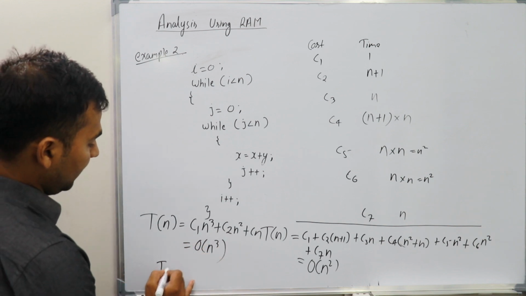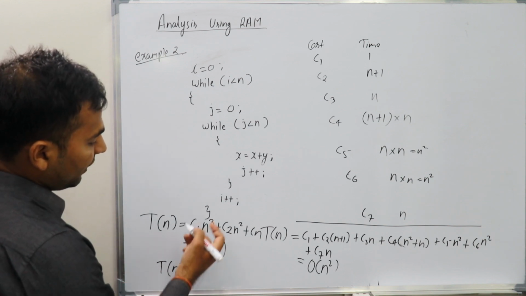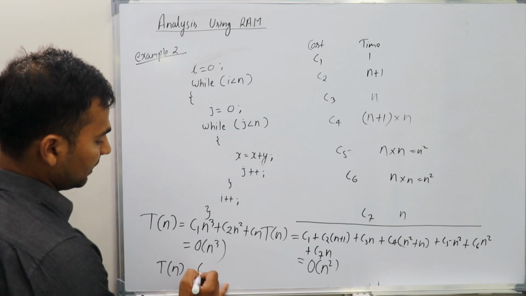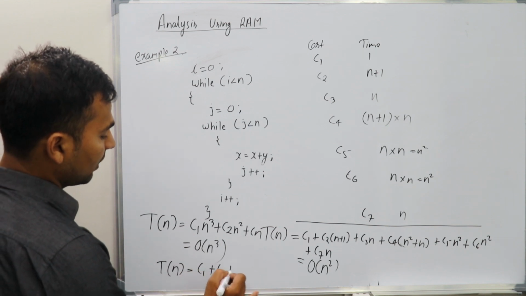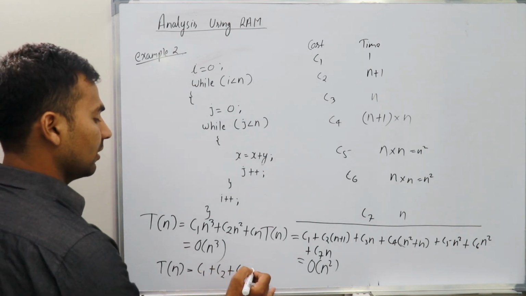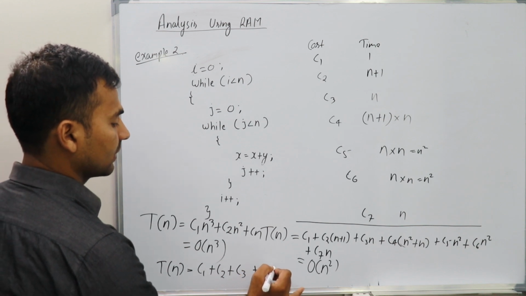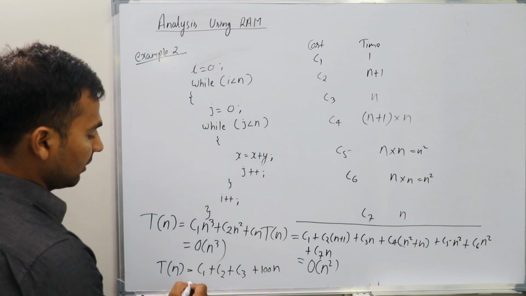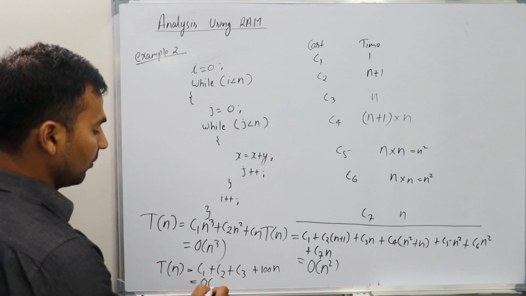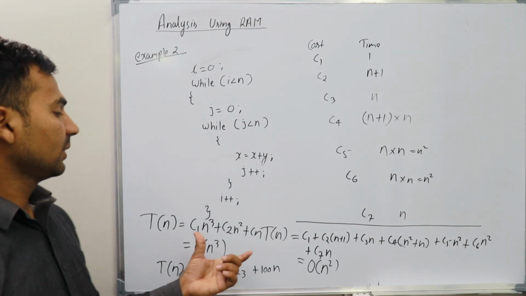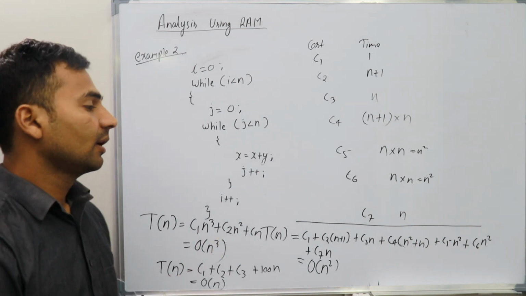Now if you get something like this, T(n) equal to C1 plus C2 plus C3 plus 100 n, then what is the complexity? The complexity would be O(n). So this will be clear on other examples.